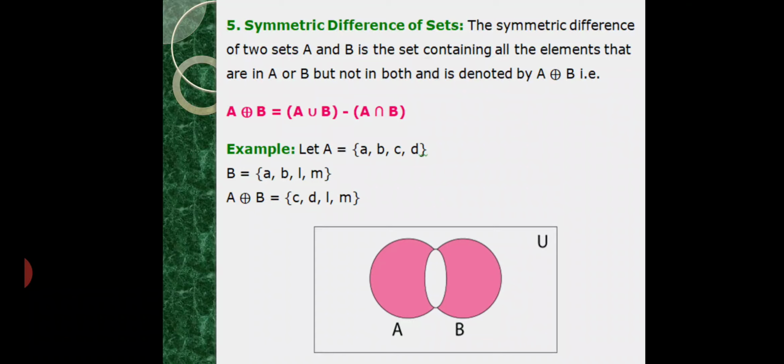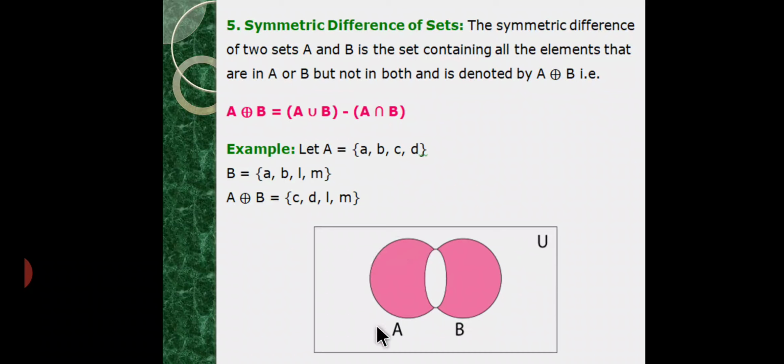Let A be equal to {a, b, c, d}, and B is equal to {a, b, l, m}. Then A union B contains a, b, c, d, l, m, minus A intersection B, the common elements a, b. So the remaining elements are c, d, l, m. So the symmetric difference contains the elements c, d, l, m.